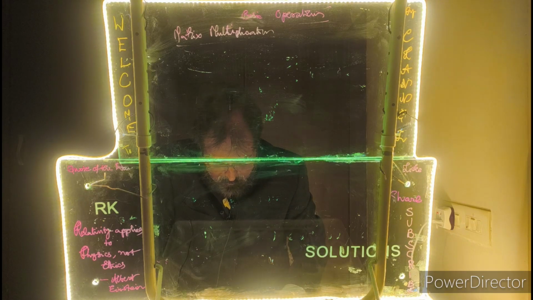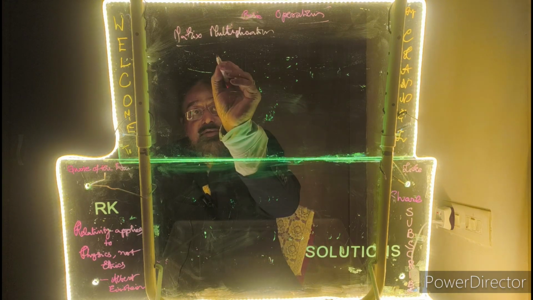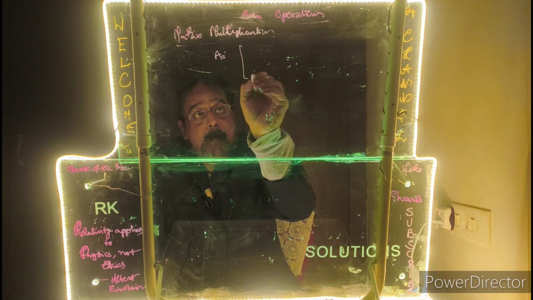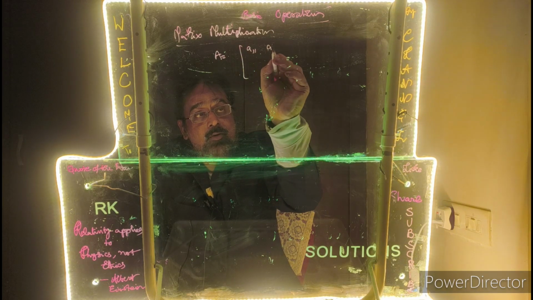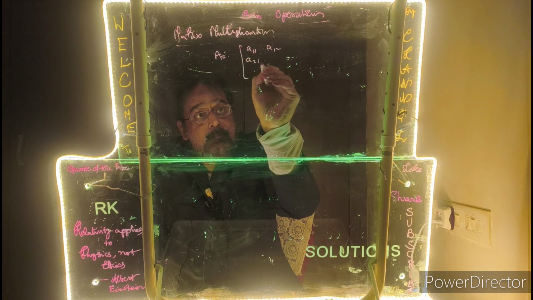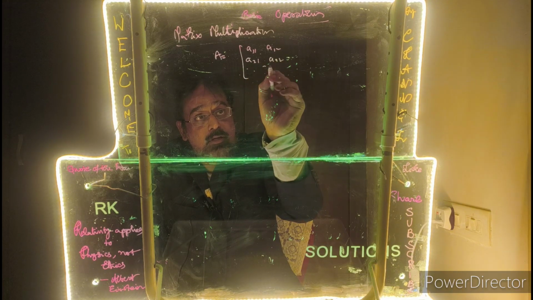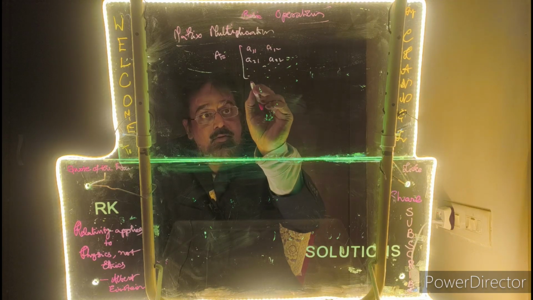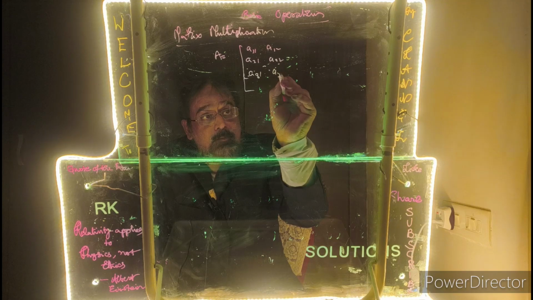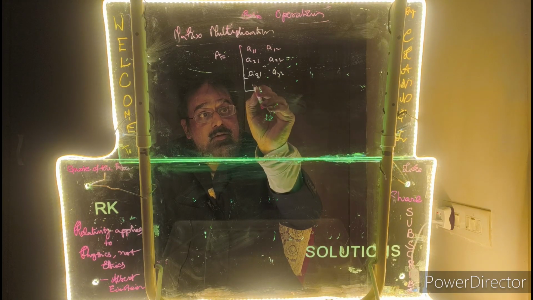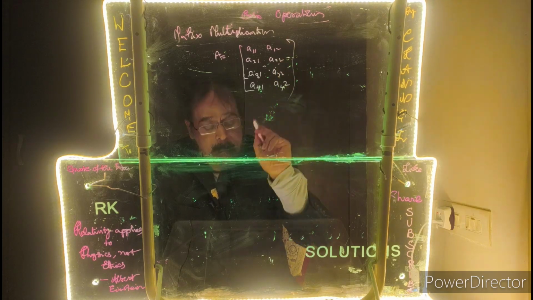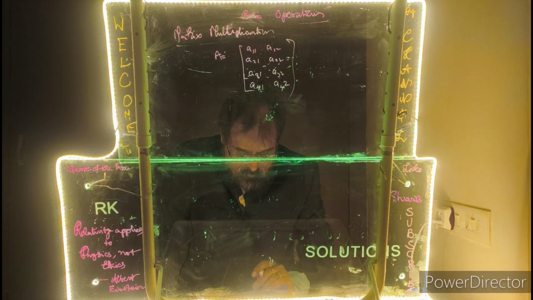This is given by, if A equal to A11, A12, A21, A22, like that, let's say A31, A32, A41, A42, A is that one.